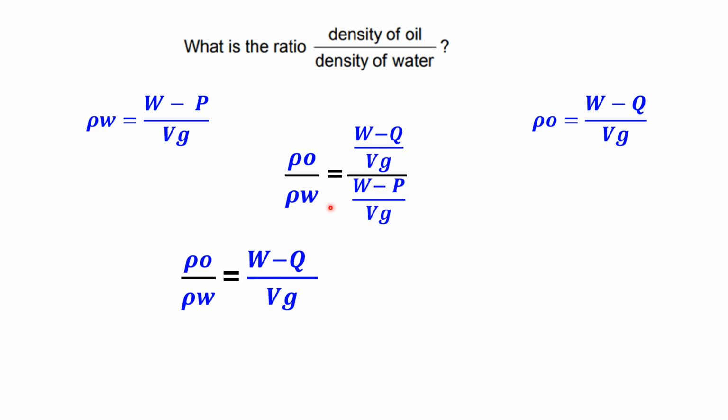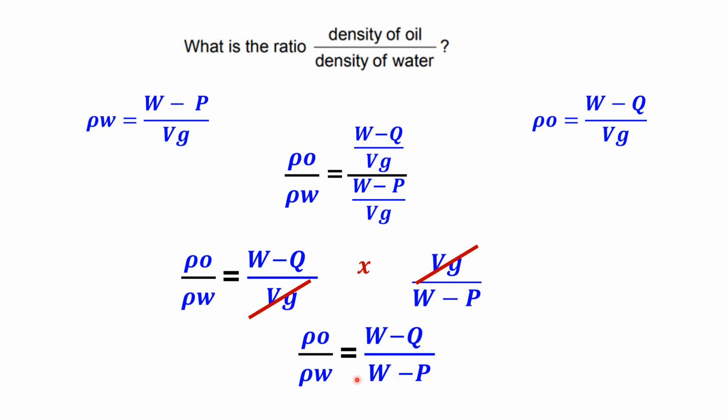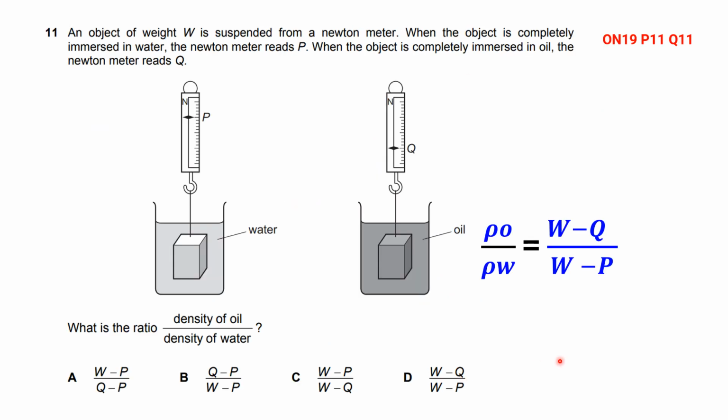So this remains where it is, times we are going to invert the denominator. So the volume of the cube is the same and G is the same. So we are going to go ahead and cancel those two terms. And what is left is the density of the oil over water is this expression. So the correct answer is D.